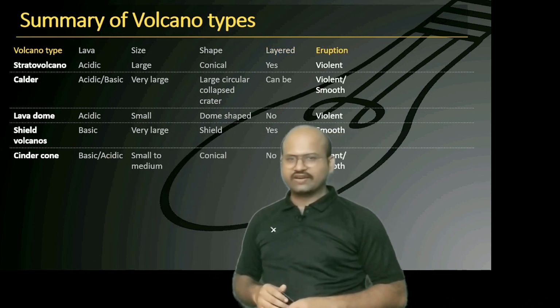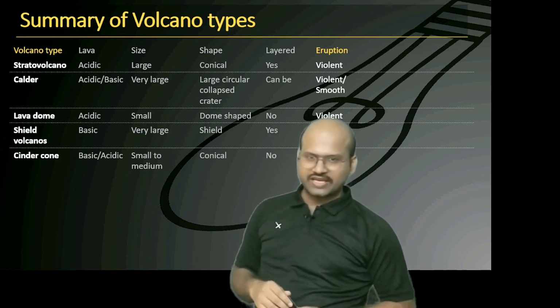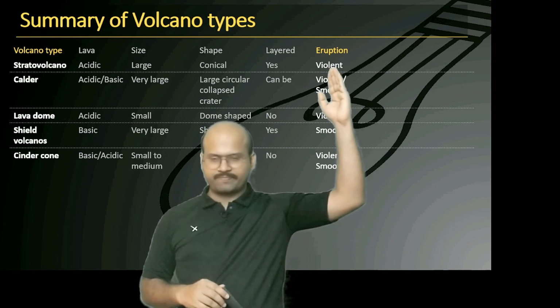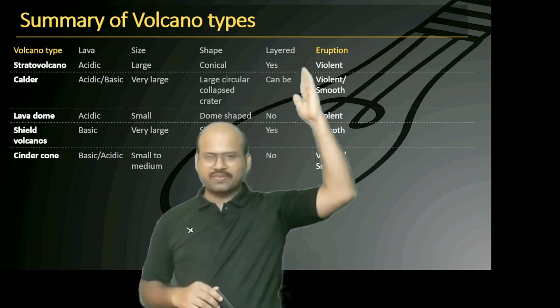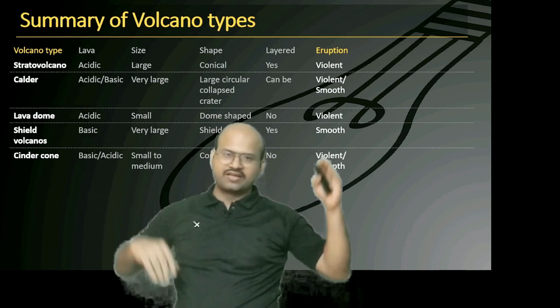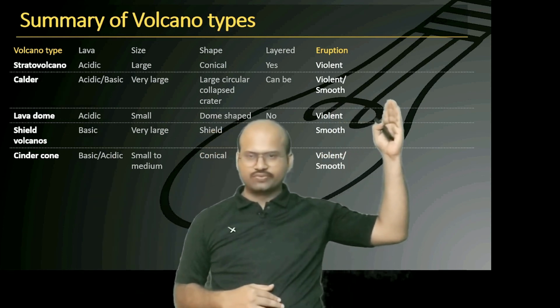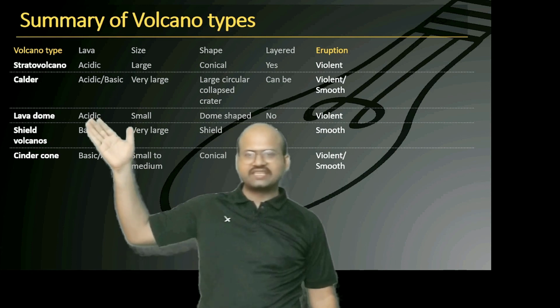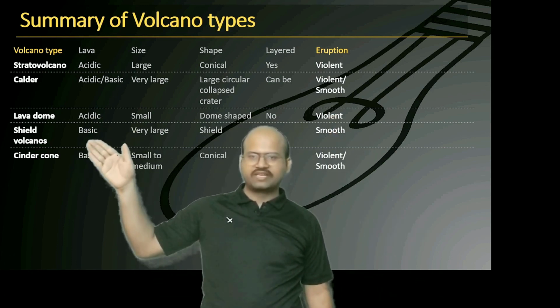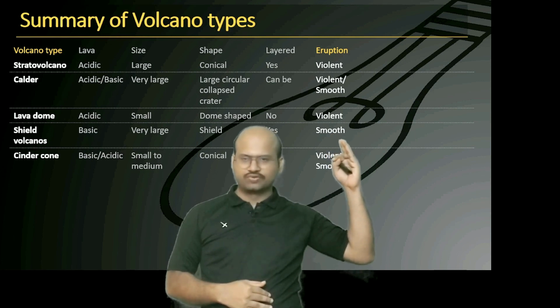Now we know that volcanoes which have acidic magma erupt with blasts, or there is a violent eruption. Stratovolcanoes have acidic magma, eruption is violent. Caldera, when it has acidic magma, will have violent eruption, otherwise smooth. Lava domes have acidic magma, therefore the eruption is violent. Again, shield volcanoes have basic magma, therefore the eruption is smooth.